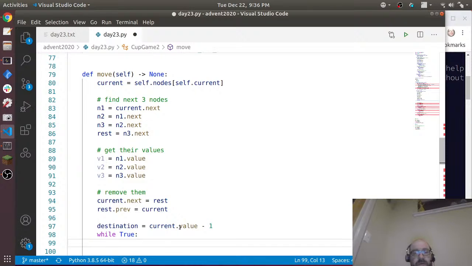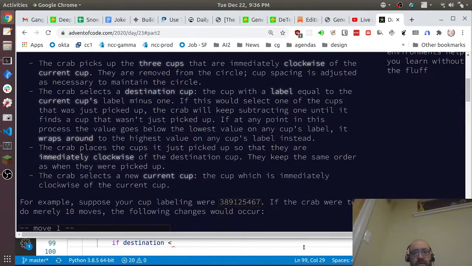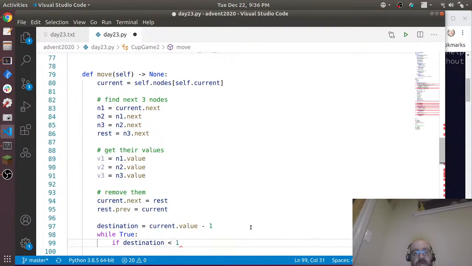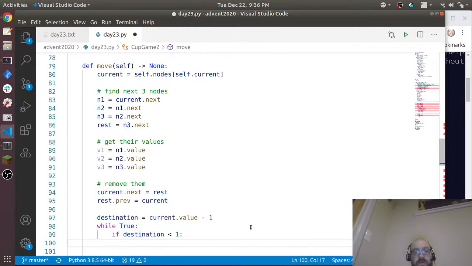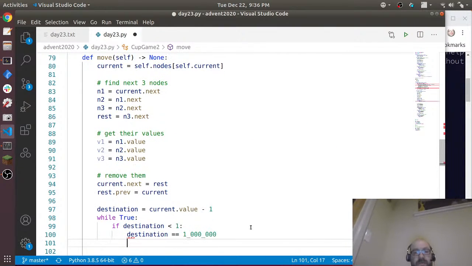Let's just say while true, if destination is less than one, destination equals 1 million, which is the highest number there.